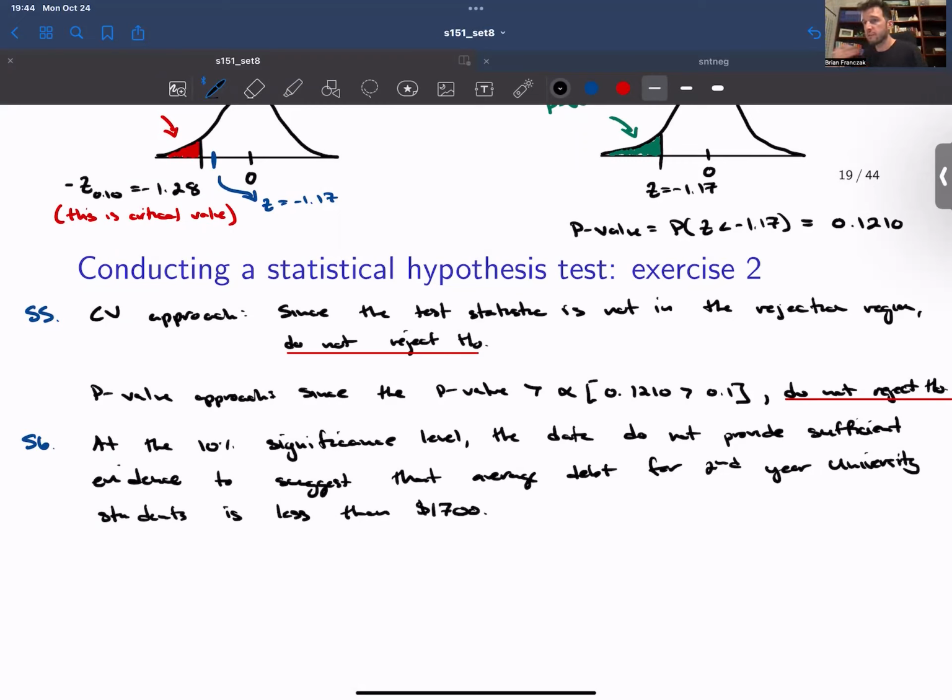So on step 6, we're just summarizing the result of the test in the context of the problem.